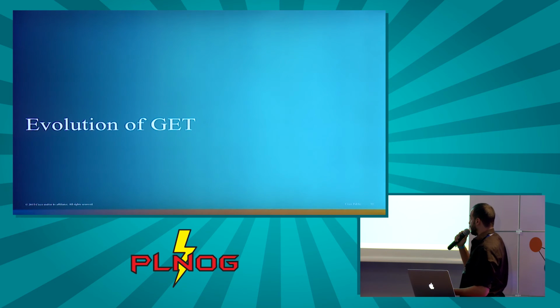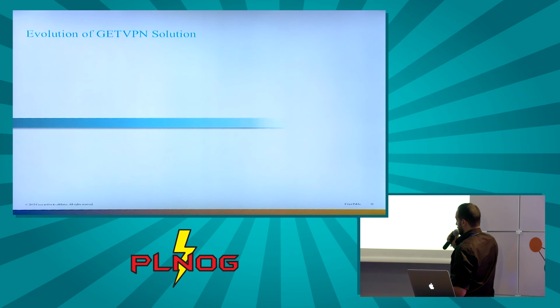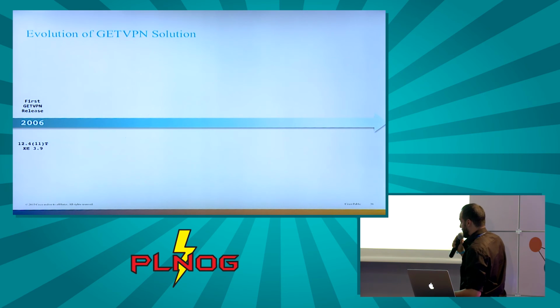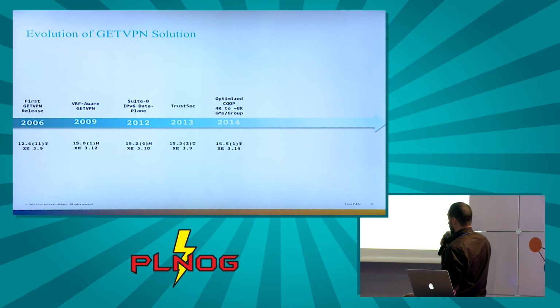So to conclude this session, let's have a quick look at the history of GETVPN and where we are heading. GETVPN was first released in 2006, and since then we added a few features, things like VRF-aware GETVPN, Suite-B, and IPv6 for the data plane, TrustSec.